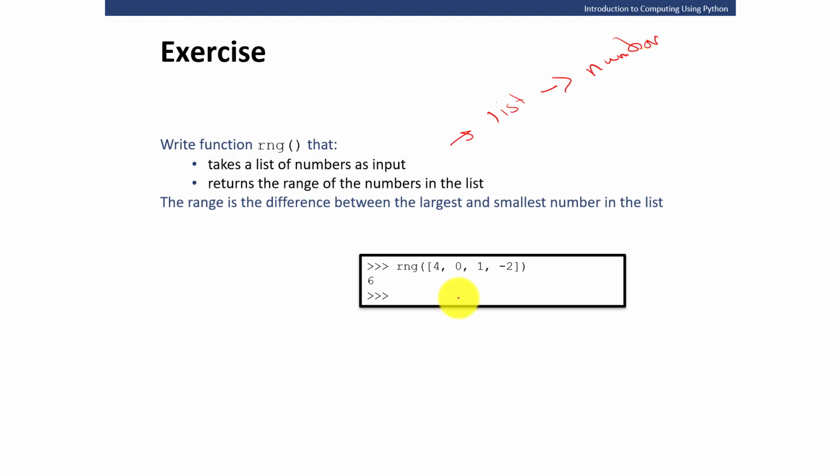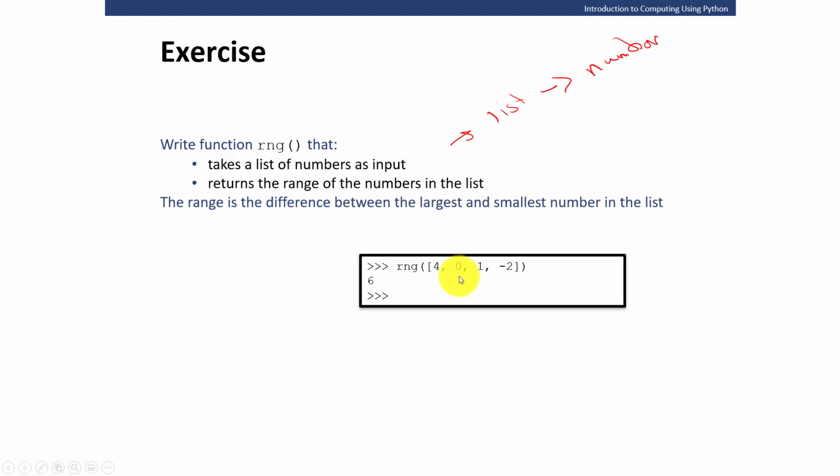Okay. So how to do that? Simply, how can we solve it, guys? By using the methods of the list. So range, and we have the list here as an input, and what is the range? Okay, the range is the difference between the largest and the smallest number in the list.